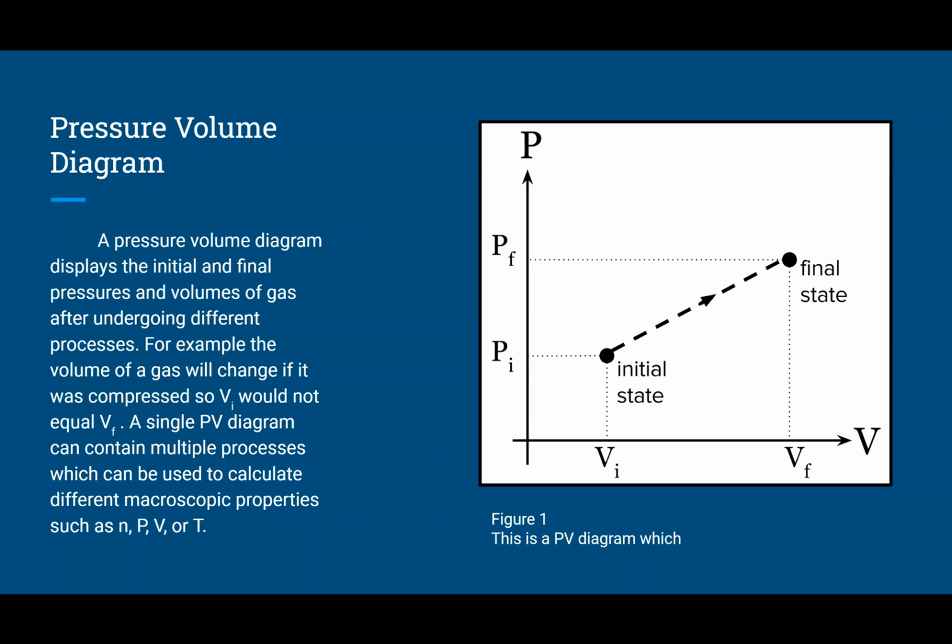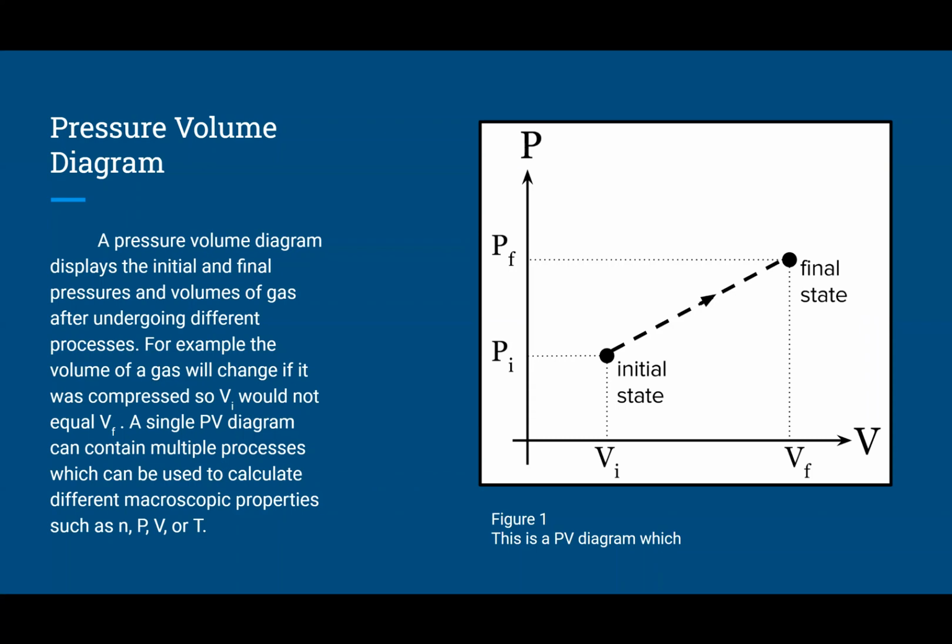So usually when we're given certain microscopic properties, we can use that to find the unknowns within the ideal gas law, PV equals nRT. For example, if we're given the initial pressure, the initial volume, and the final pressure, then we would have to find the final volume given this diagram and given the temperature and the moles of the gas.